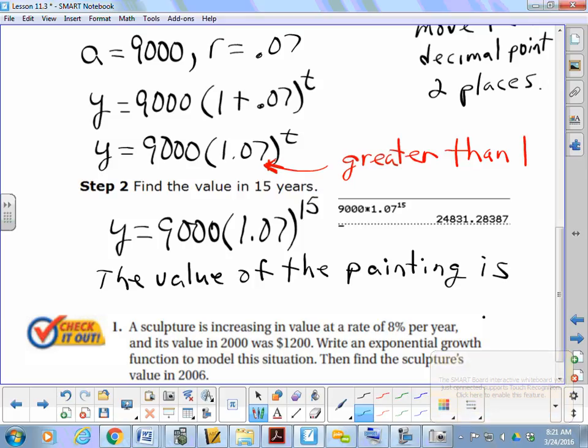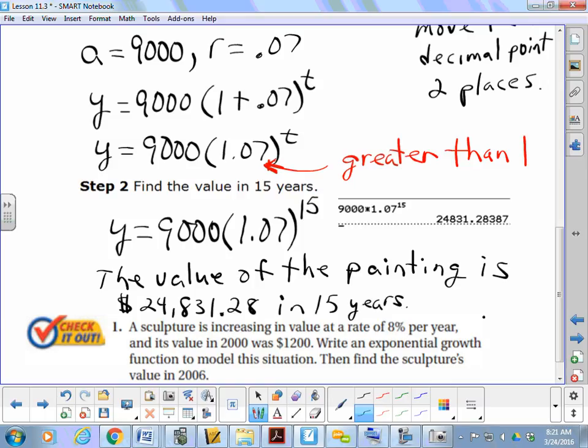And why are we using 2? Why 2 decimal places? Because it's money. Money is always 2 decimal places. The value of the painting is $24,831.28 in 15 years.